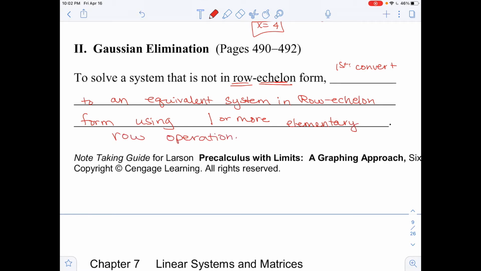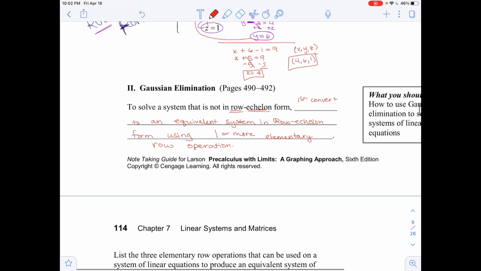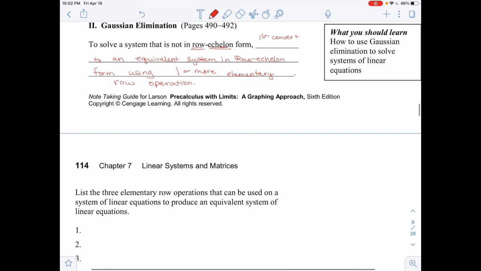And you're probably thinking, Mrs. Stiles, you talked about this before. What does that mean? What are elementary row operations?